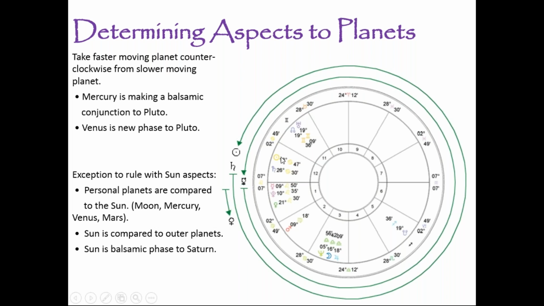Now let's look at Sun with one of the outer planets, and let's start with Saturn. Because Saturn, I start with Saturn, and I go all the way around this outer green circle till I get to the Sun. And the Sun is balsamic phase Saturn.